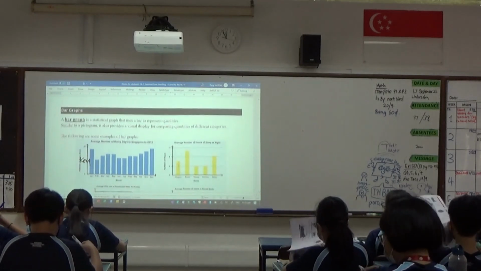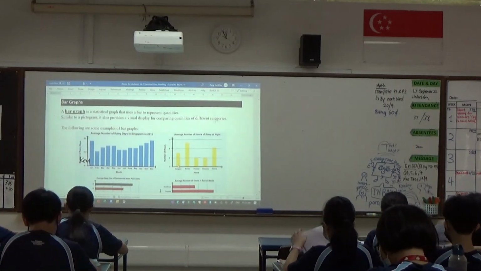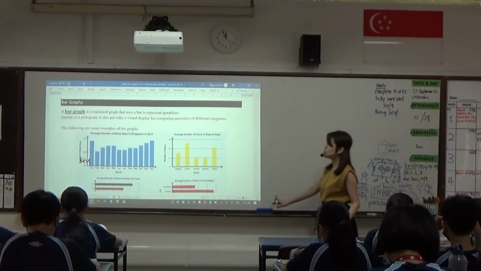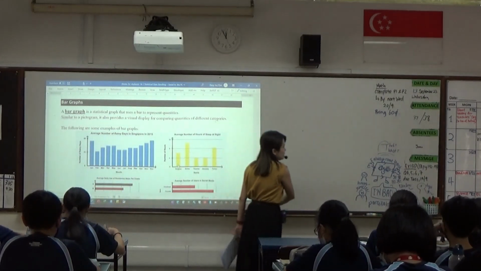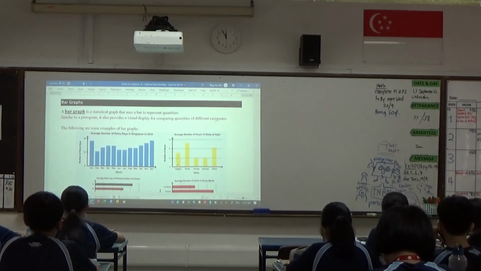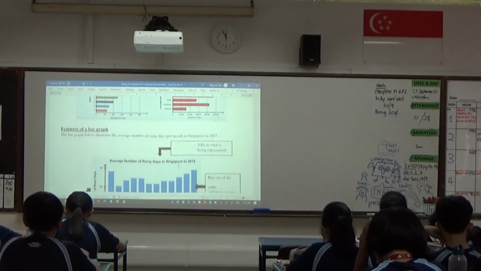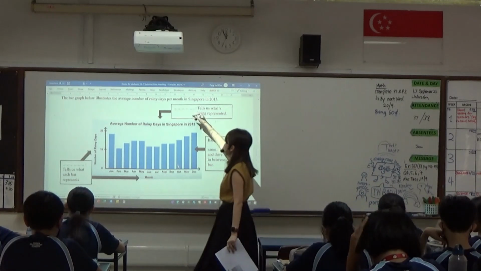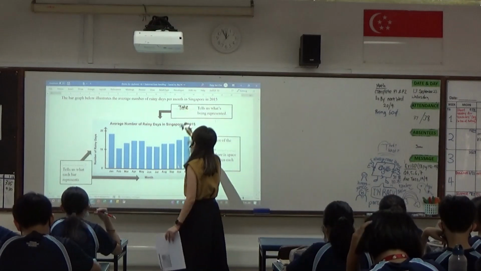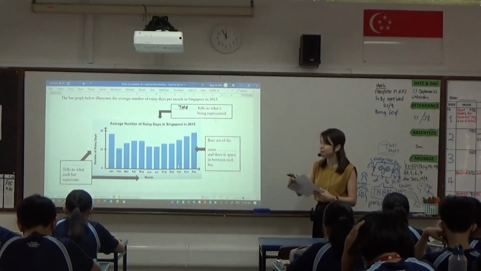Then, the bar graph also represents quantities. So, the features of a bar graph are such that you have a title that tells you what is being represented.